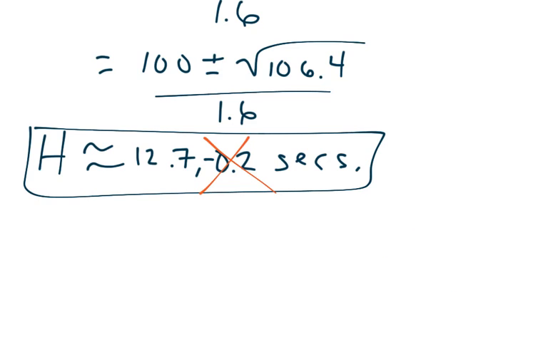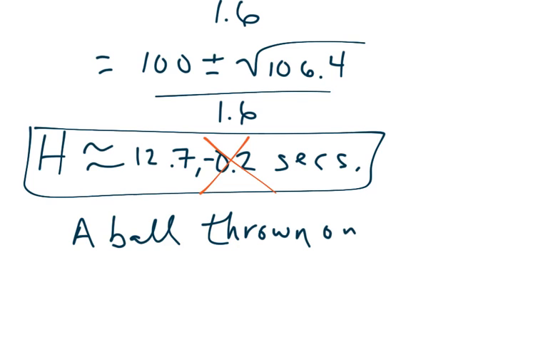And since we're crossing that out, it would probably be nice to summarize this by a ball thrown on the moon, and really under those conditions, because if you threw it harder, it would be in the air longer.